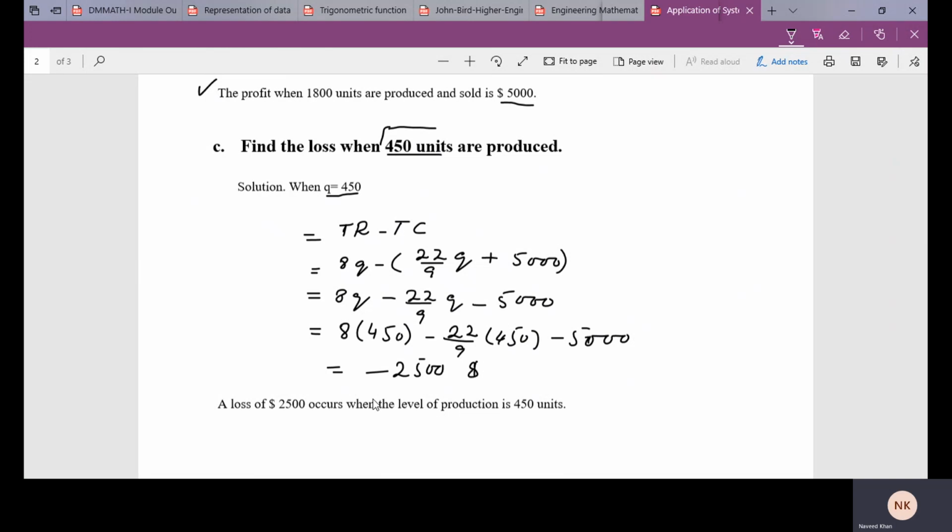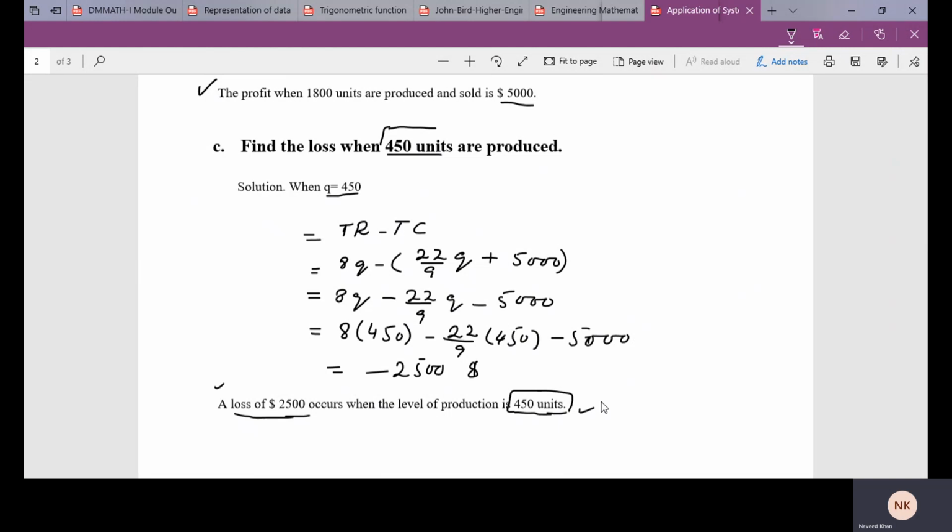$2,500. So this minus indicates that when we sell 450 units, we will have a loss of $2,500. So what does it mean? A loss of $2,500 occurs when the level of production is 450.